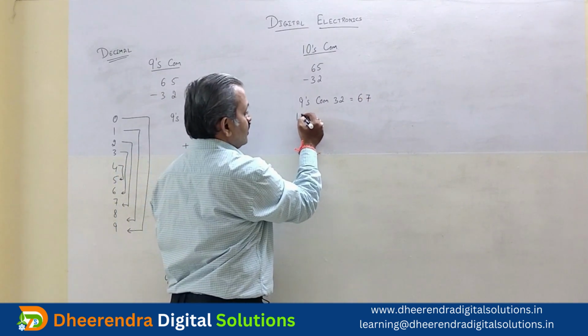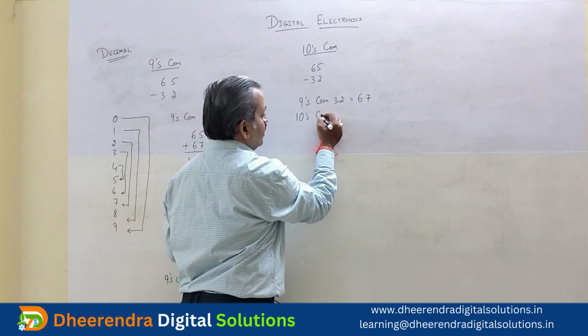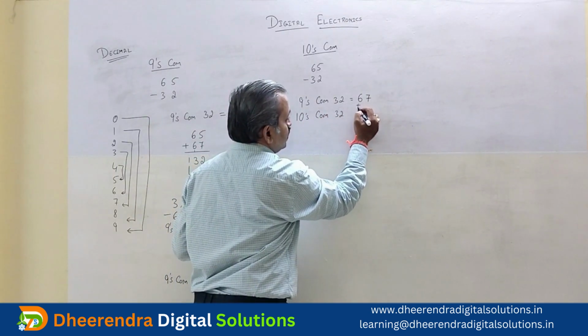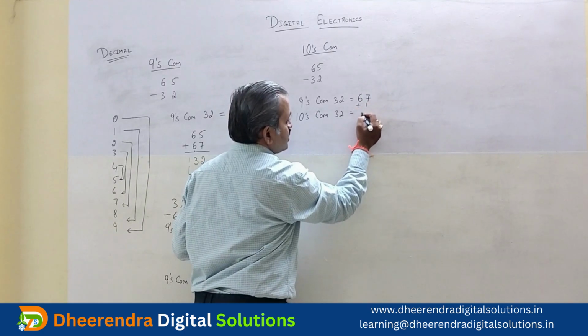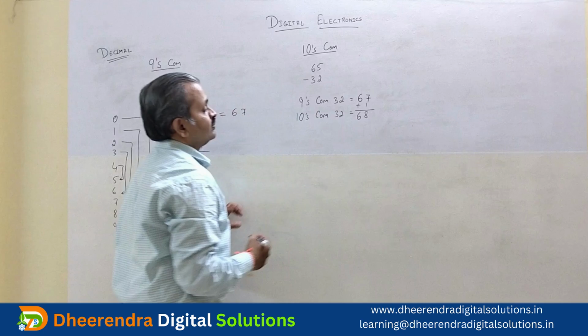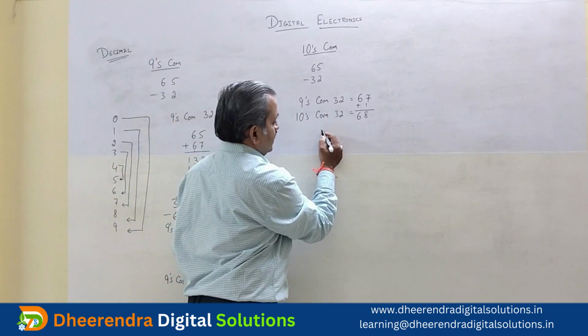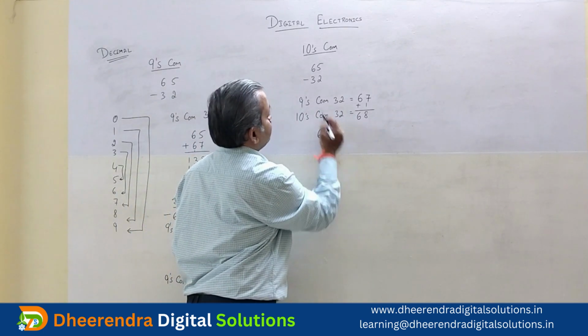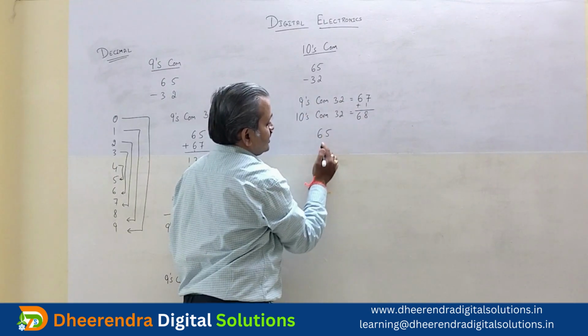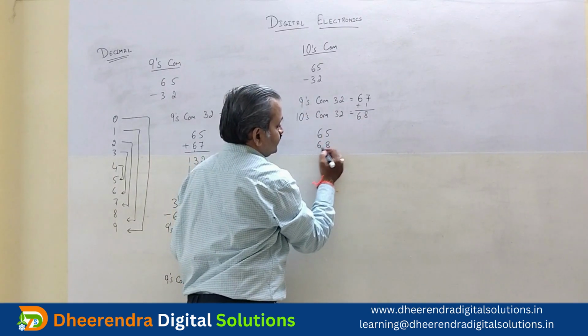Now, what is tens complement of the number? Tens complement of the number 32 will be equal to 9's complement plus 1, which will be equal to 68. So let us take 65 as it is, and the tens complement of 32 is 68.